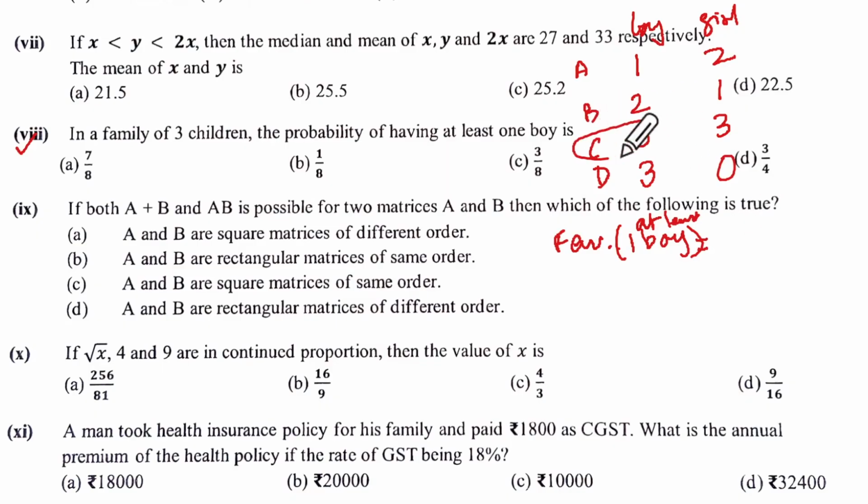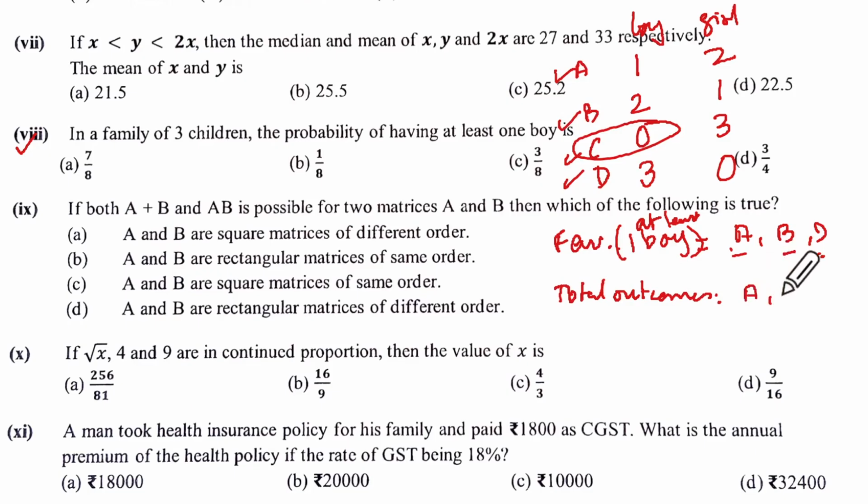So there will be 3 cases, which are A, B and D. So there are 3 favorable. What are the total outcomes? 4. So 3 upon 4. The total outcomes will be A, B, C, D. Put that in brace brackets.